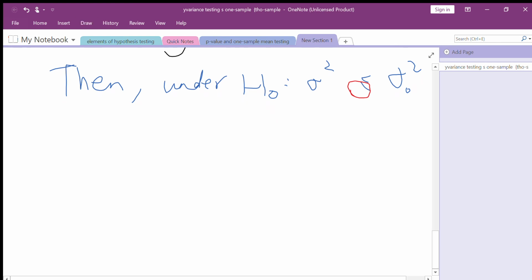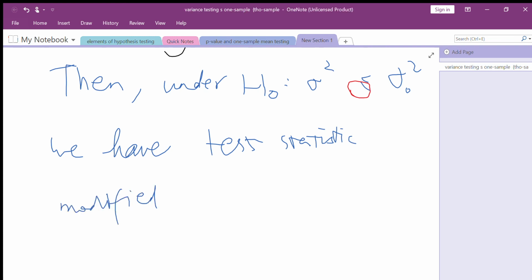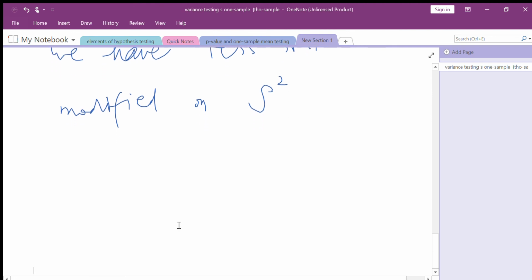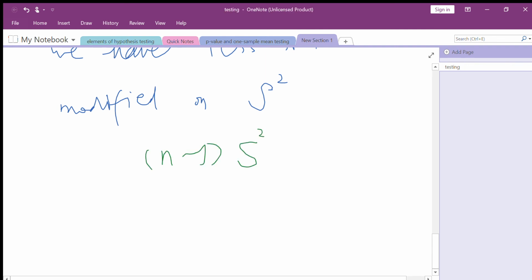We have a test statistic modified on sample variance capital S square. For capital S square, remember that we have this famous property: n minus 1 capital S square divided by population variance.